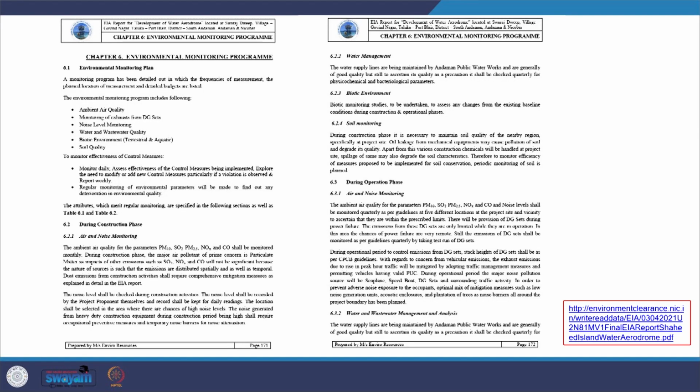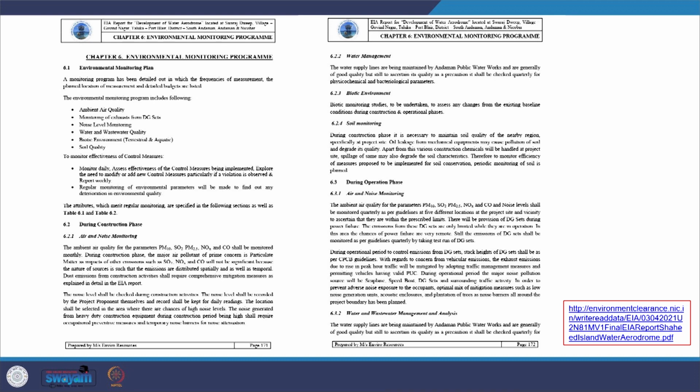Further, they present the environmental monitoring program here. So how they're going to monitor the environmental performance of the project. Phase-wise, they are giving a proposal where they look into the construction phase. So during the construction phase, how they would look at the air and noise monitoring, how they're going to look at the water management, how they're going to look at the biotic environment, and how they're going to undertake soil monitoring.